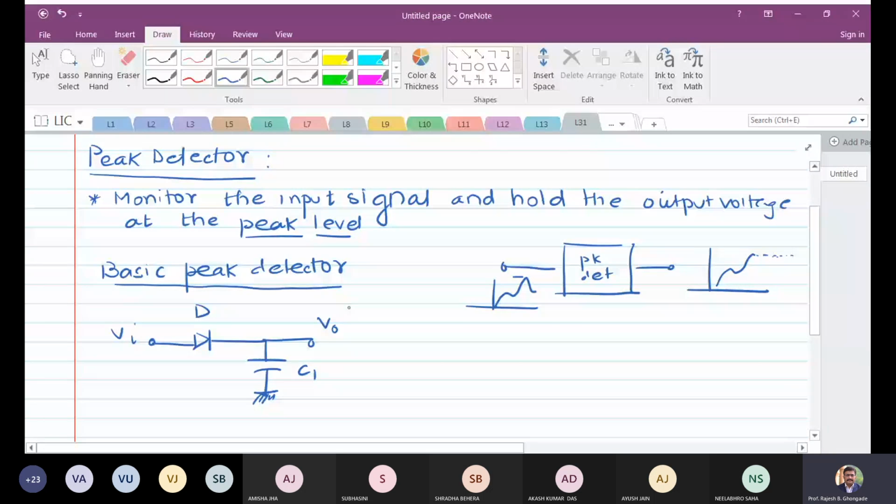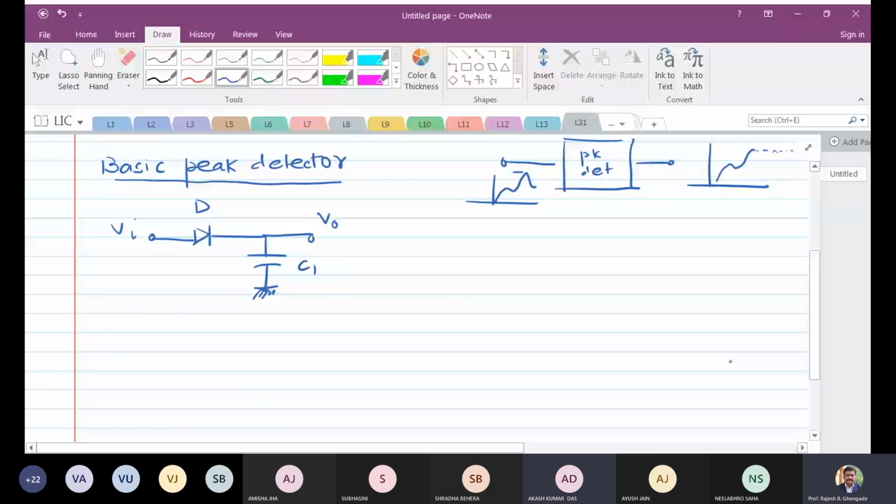Low pass filter. It's not a filter. You have a diode here. So basically a half wave rectifier and then a filter. If you have studied that, if you remember that.